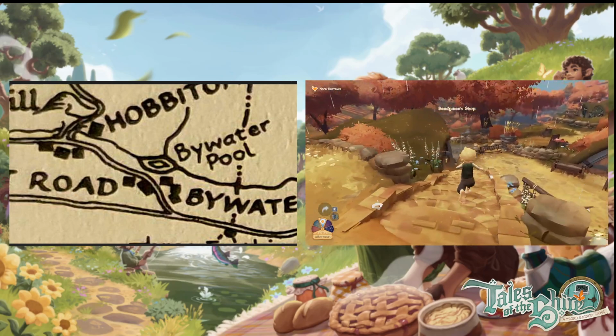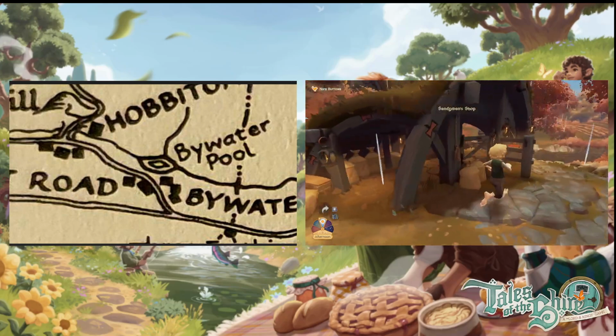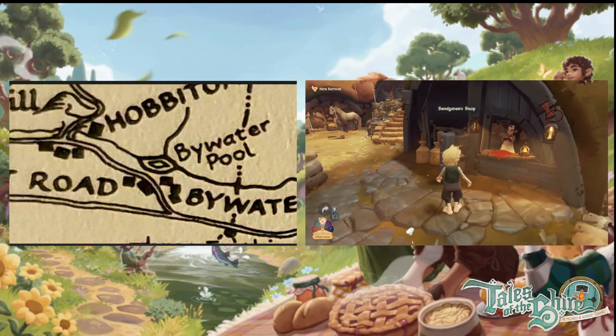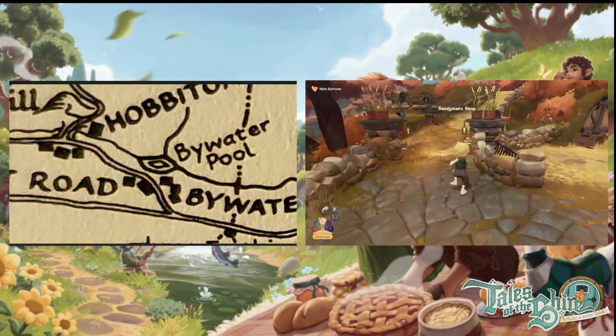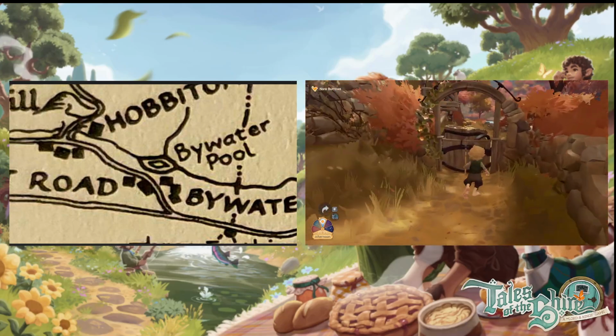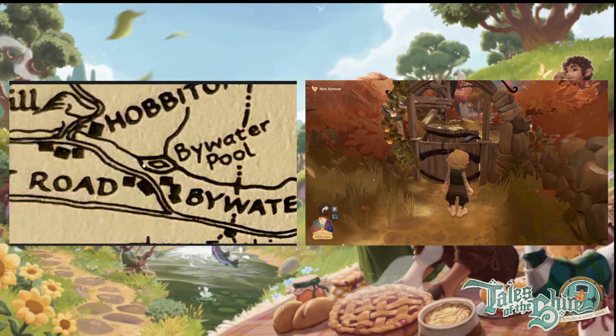Oops. If you notice, oh, dead end. Oh man, dead end. So I thought there was a road right here. There is. Hey, look. Here's the road on the map. If you continue the road west, it'll take you directly to Hobbiton.